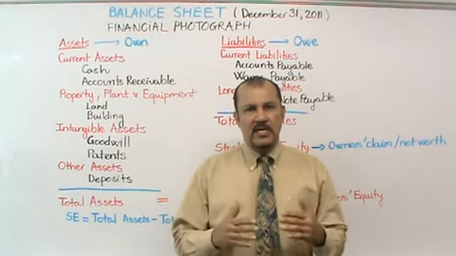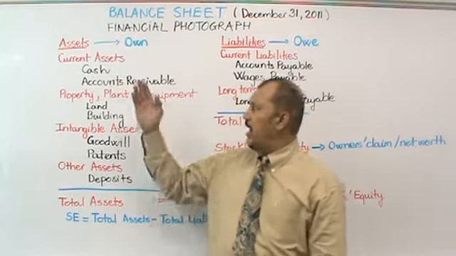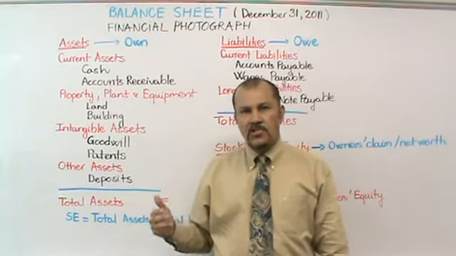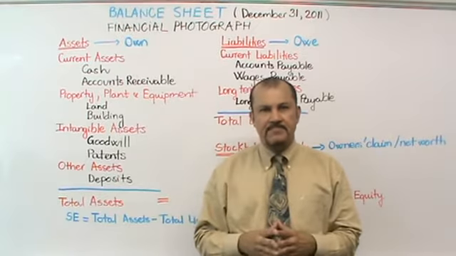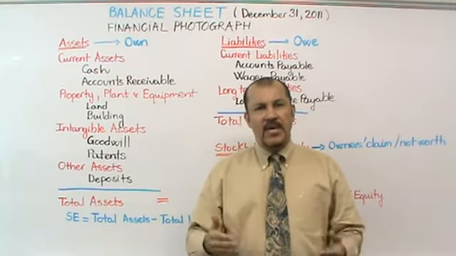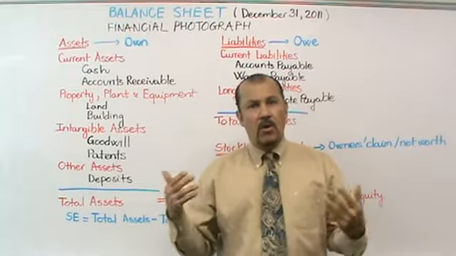Now, the balance sheet is broadly classified into three main sections: assets, liabilities, and stockholders' equity, also called shareholders' equity. What is an asset? I like to use a one-word working definition of an asset as something that the company owns.